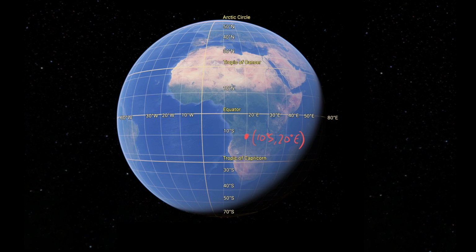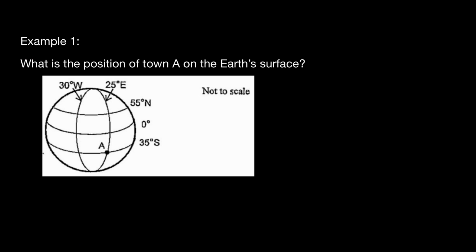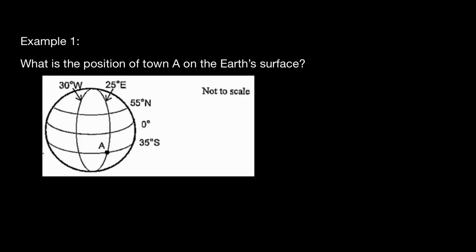Let's have a look at some examples now. With this first one, we need to identify the position of A on the Earth's surface. So A is here. Pause the video here and have a go at solving that problem. Okay, let's have a look at it. First of all, I'm starting at the equator.